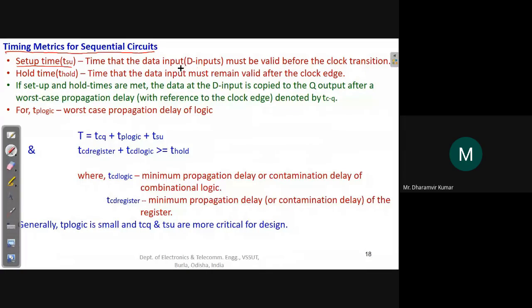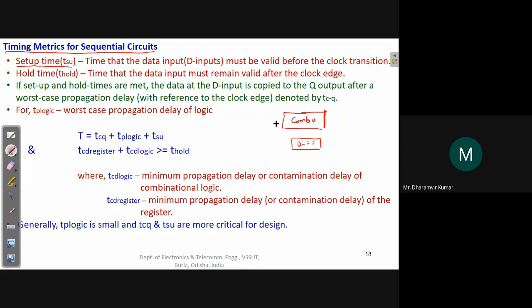So remember, there was a combinational logic, combo logic, and there was a D flip flop here.